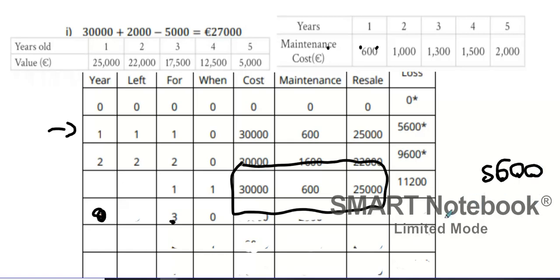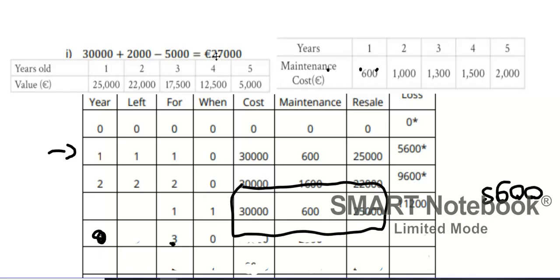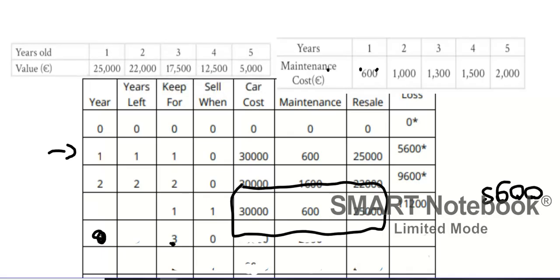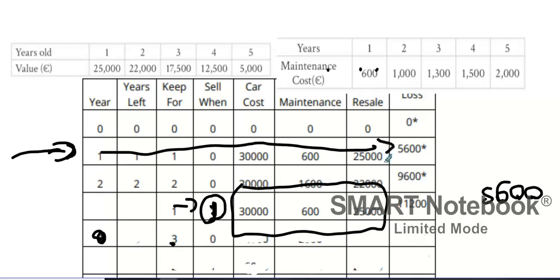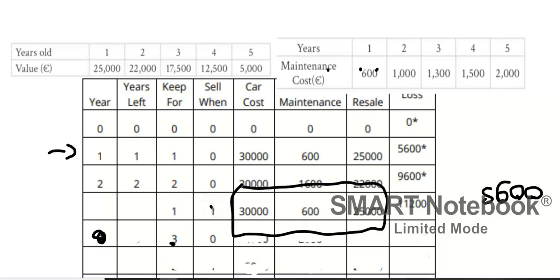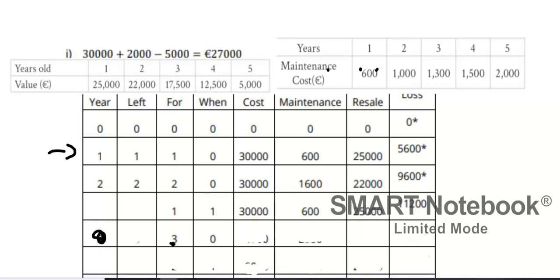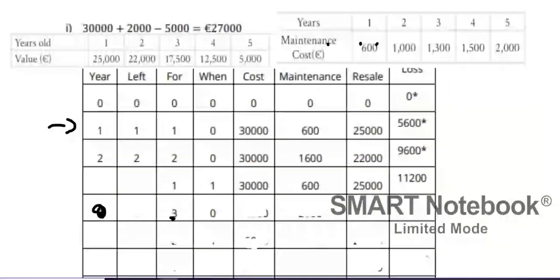But you've got to remember that if you sell it with a year left, keep for one, you're selling when there's a year left. See this one here? That means there's 1 year left, which means you have to read off this list here, which is the extra 5,600. Combine both 5,600 together and you get, anybody? 11,200. Okay, that's your 11,200.